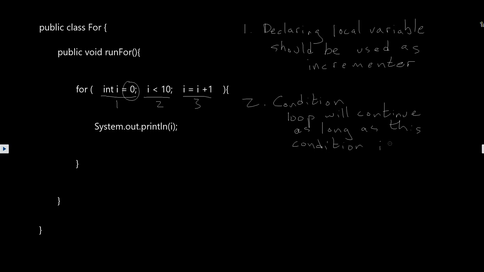Okay? So in this situation, i is 0 to begin with. Is this condition true? Is i less than 10? Yes. Okay, so this would be true, and so the loop would continue. It would execute the code inside the curly braces.